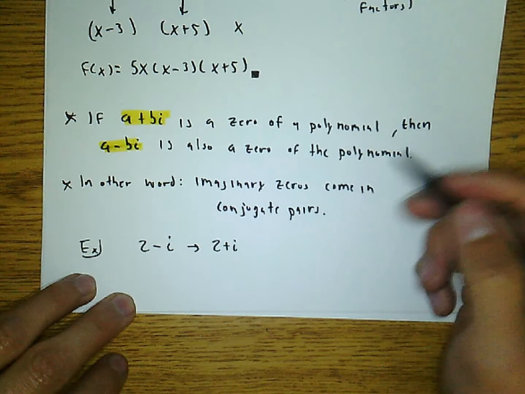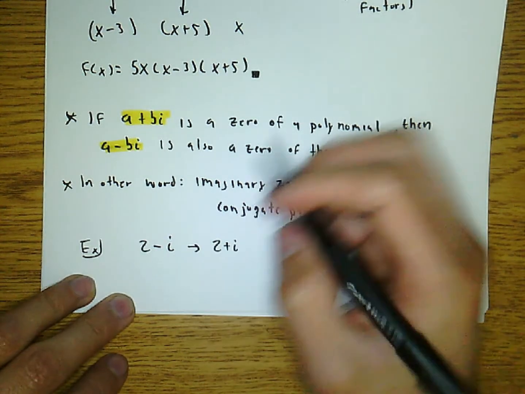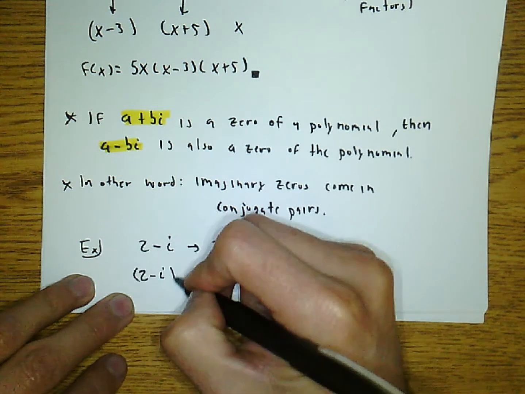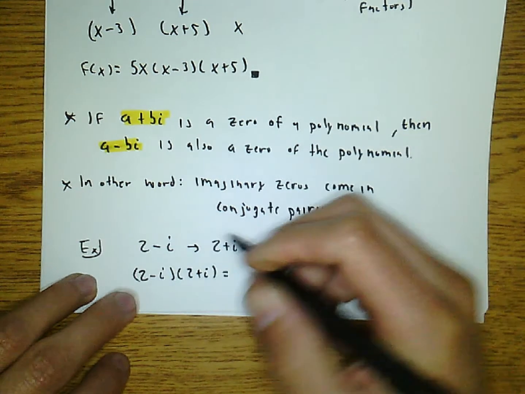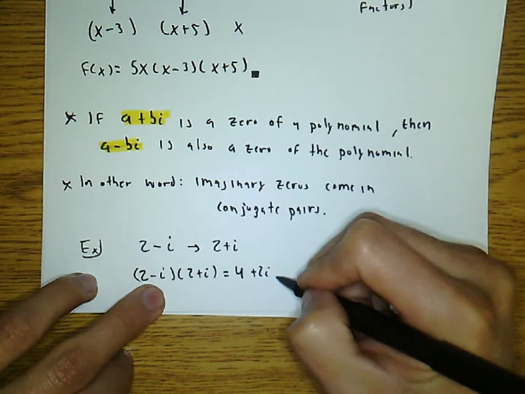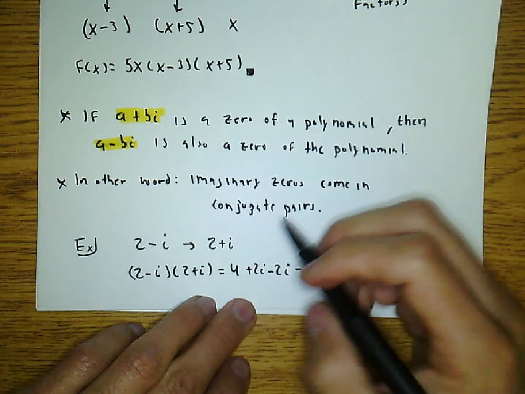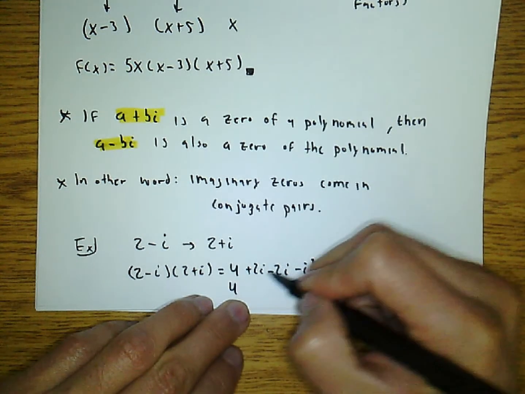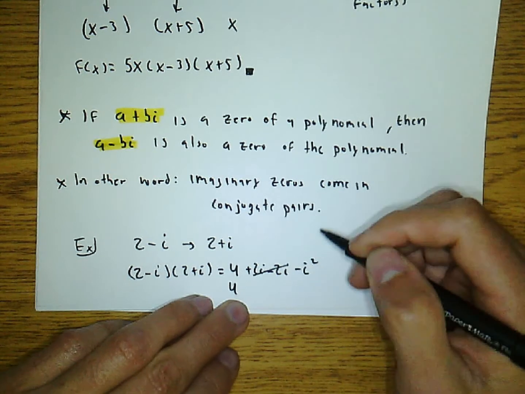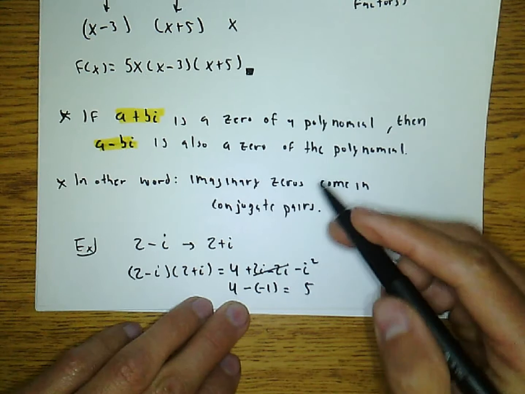Now, why do they come in pairs? So let's just talk this through. Let's say we're going to multiply these two numbers together. So 2 minus i times 2 plus i. Okay, if we multiply that together, that gives me 4 plus 2i minus 2i minus i squared. Notice how the 4 stays, the 2i and the negative 2i are gone, and negative i squared is the same thing as negative of negative 1, which then gives you a positive 5.